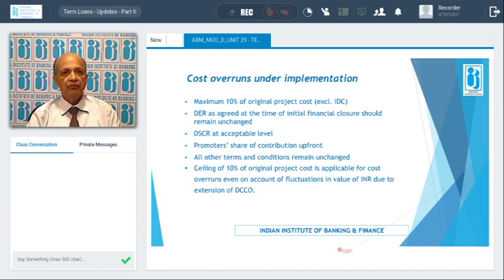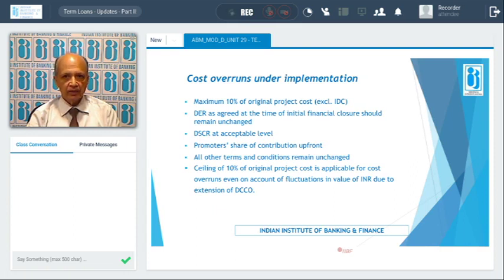Suppose there is any foreign capital investment. Any exchange fluctuations of the Indian rupee vis-a-vis the foreign currency should be factored into the cost overruns, and everything taken together should not exceed 10% of the total cost of the project.